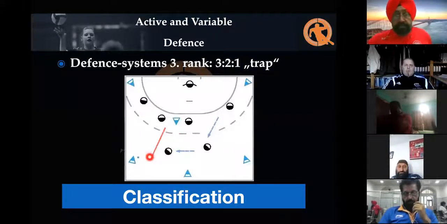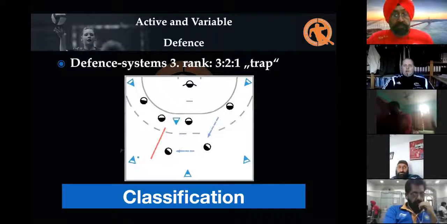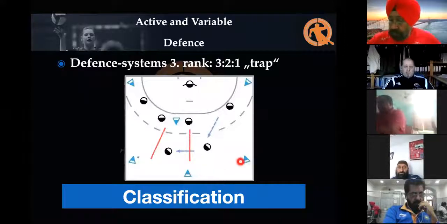Because they prefer to go inside. But at the same moment, when the point defender has established his position here, the half defender from the help side is coming up and taking a position in the gap between center back and right back player.